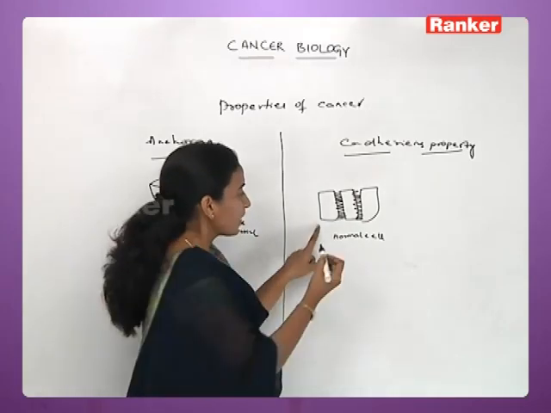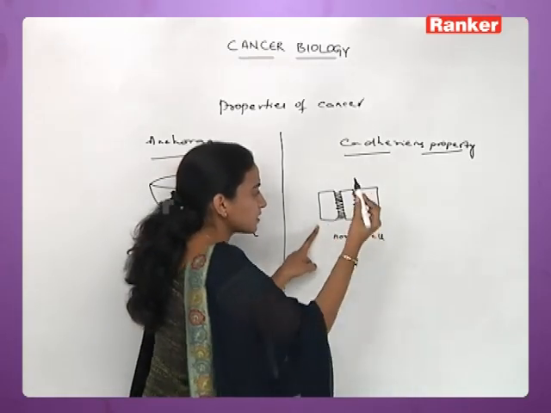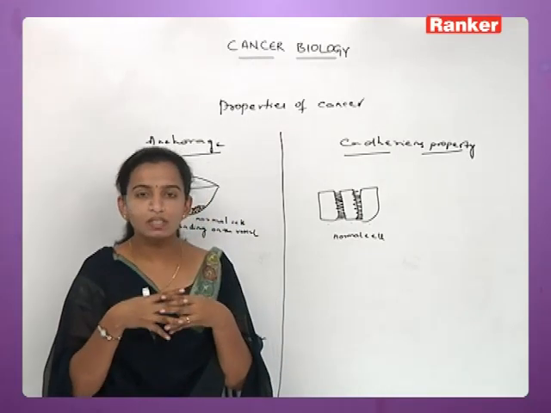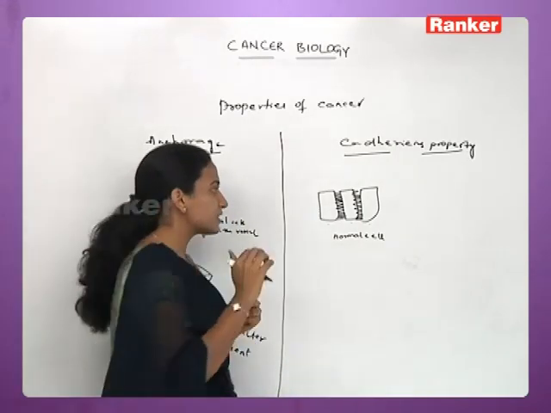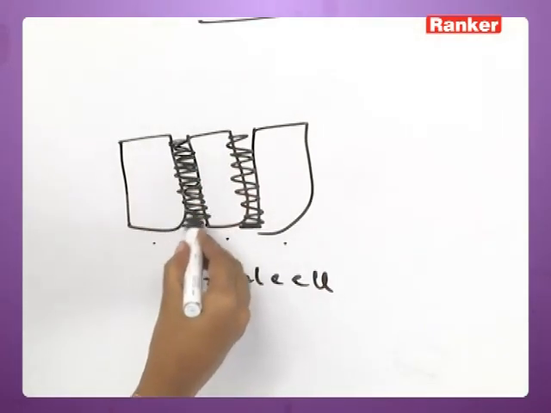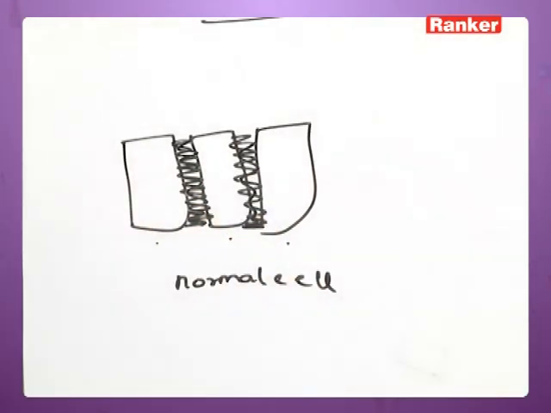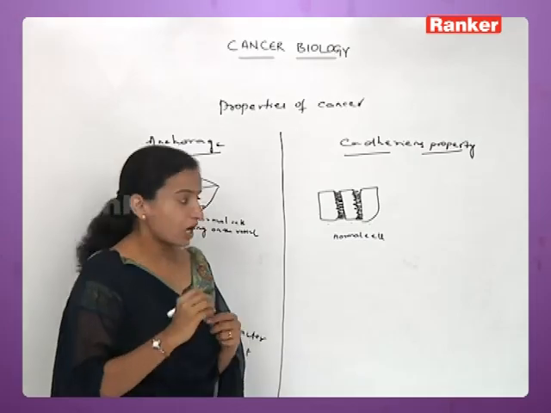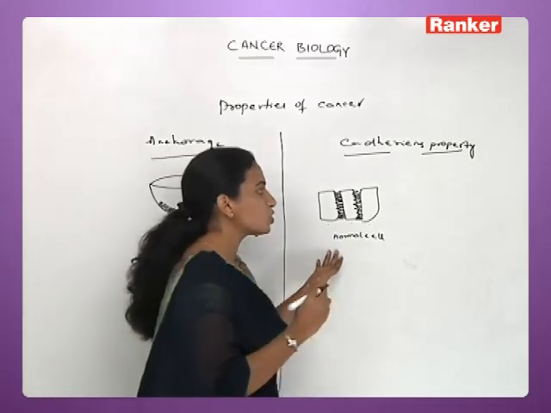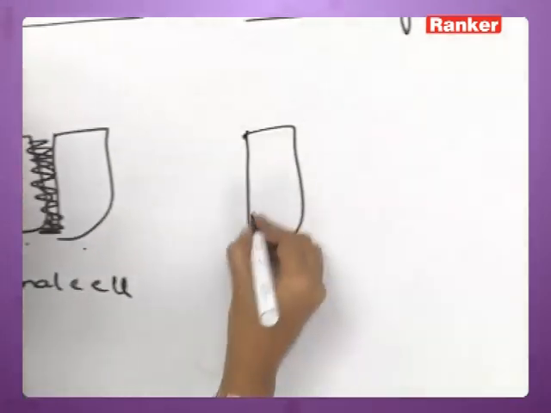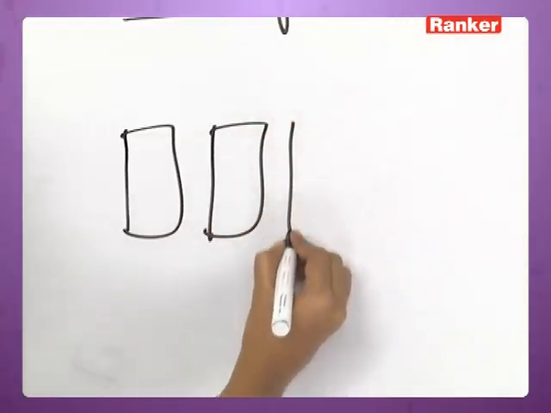You can see this is a cell, this is a cell, and this is a cell. They are attached together so that they are not scattered all over the body. That means there is a membrane which is holding the two cells together. This is called cadherency property. If it is a normal cell, you can see this membrane. Coming to the cancer cell, you can't see this membrane.